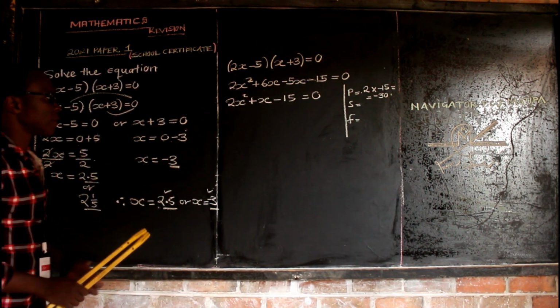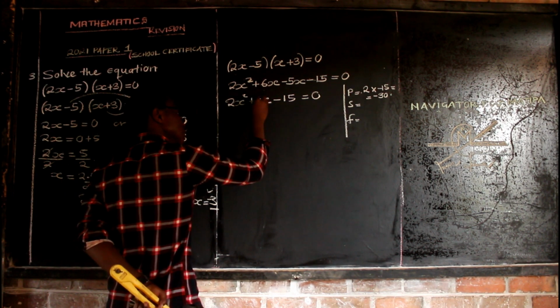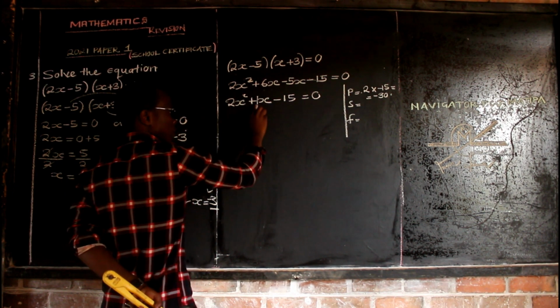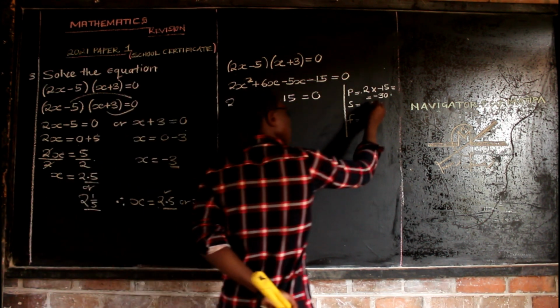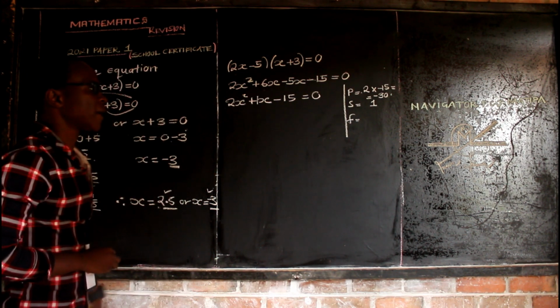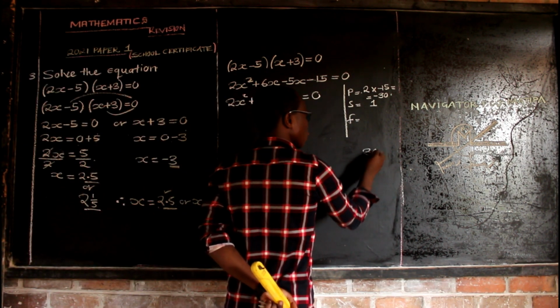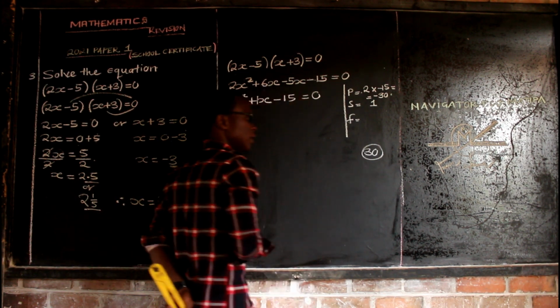Then the sum. Let us find our sum. So our sum is the middle coefficient. So in this case, it's 1. Our sum is what? It's 1. Okay? Yes. Then we are going to seek for the factors of 30.